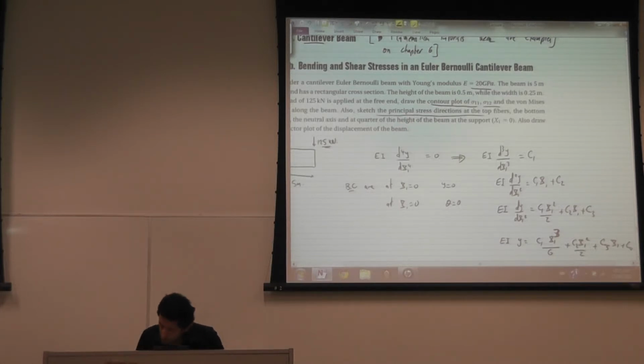So I have 4 constants, 1, 2, 3, 4. And in order to find those 4 constants, I have to use boundary conditions.